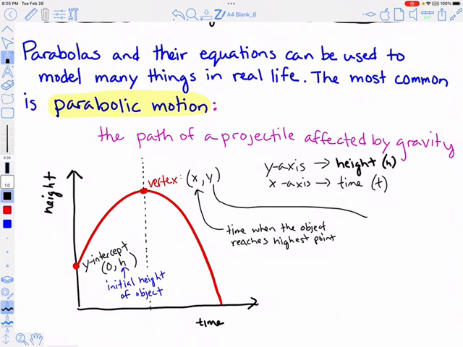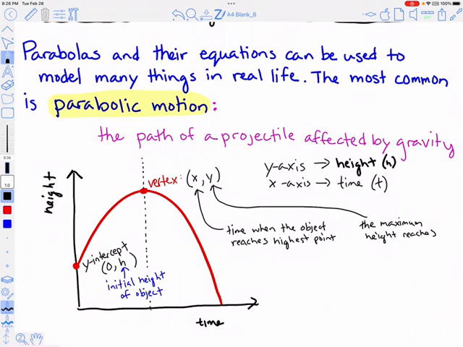Whereas the y-coordinate of the vertex, what would that represent? Well, the y-axis in this situation represents height, so that would be the height that it reaches at that time. And those are questions you might be asked, like what's the maximum height that this ball is going to reach?